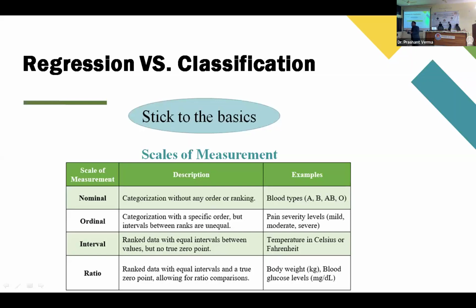Either you will repay it or become a default. There are two options. So it's a binary kind of output for a particular customer. So this kind of variable will be a binary variable.